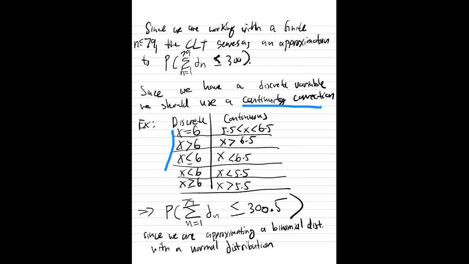The way I remember it is, if it's greater than the value, you add 0.5. If less than, you subtract. If you have less than or equal, you do the opposite, where you add, and greater than or equal, you do the opposite direction where you subtract 0.5. That's just how I remember it.